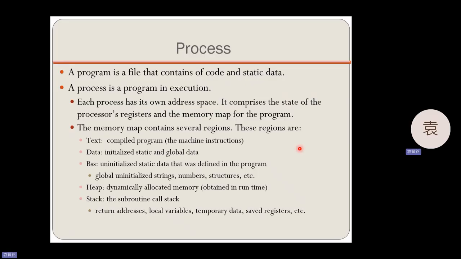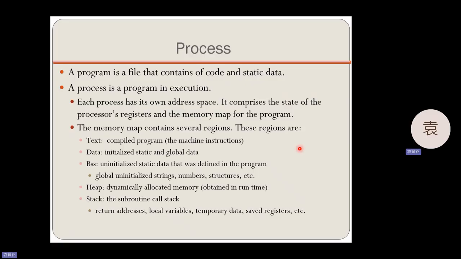In general, a program is a file that contains executable code and some static data, initialized and uninitialized. But a process is a program in execution. That means if a program has been loaded into the system and can use the CPU to execute its instructions, then this program becomes a process.